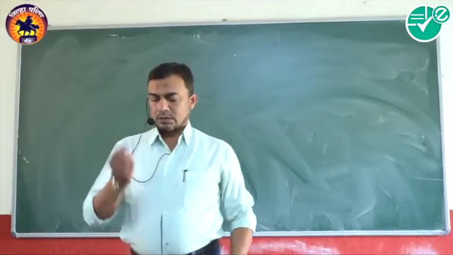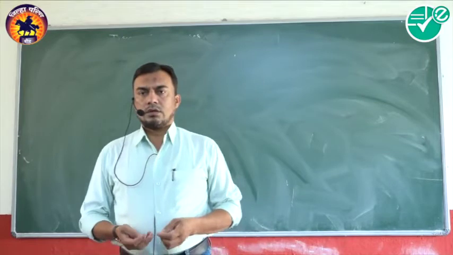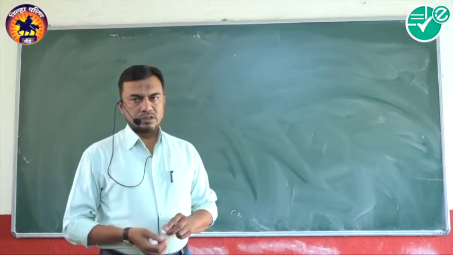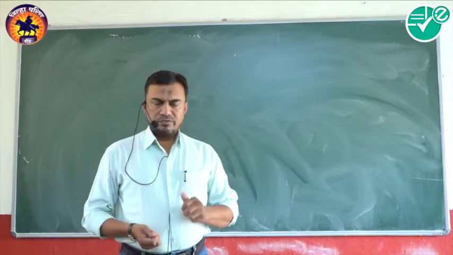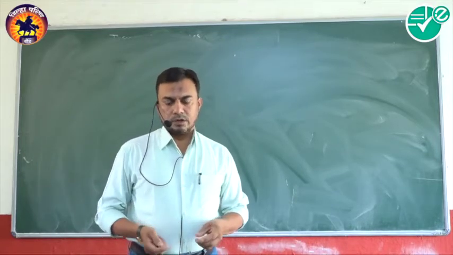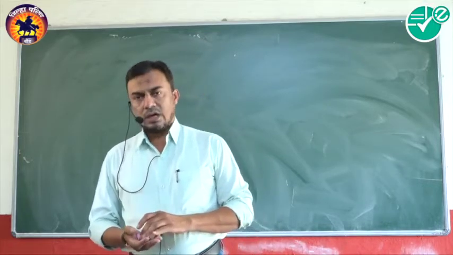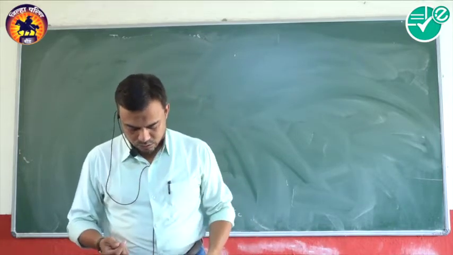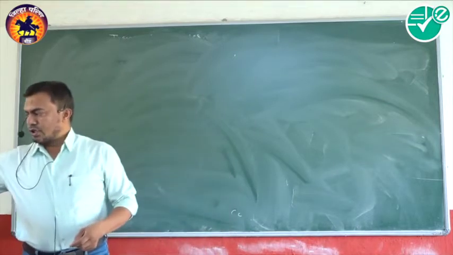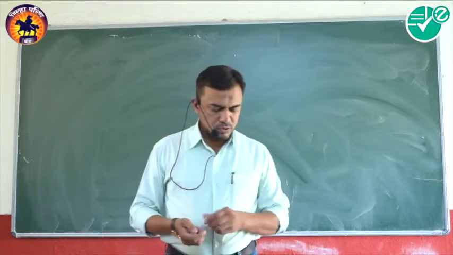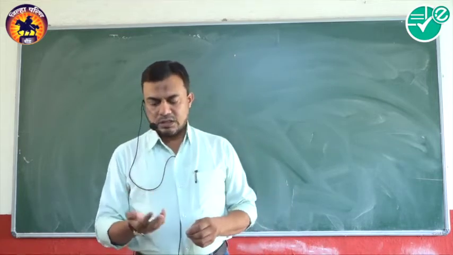Today we're going to discuss the redox reaction in terms of the electronic concept. In the previous lecture, we discussed the redox reaction in terms of the classical concept, and we also learned the oxidation number in terms of the classical concept.